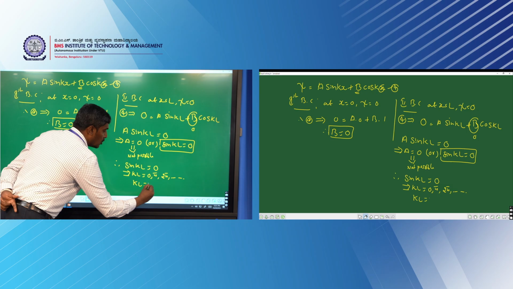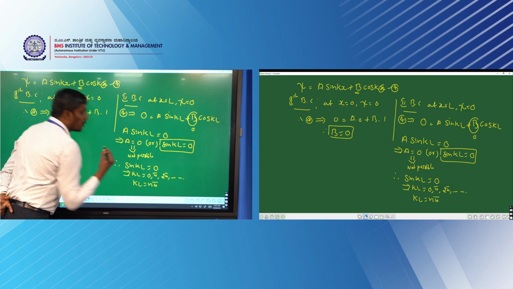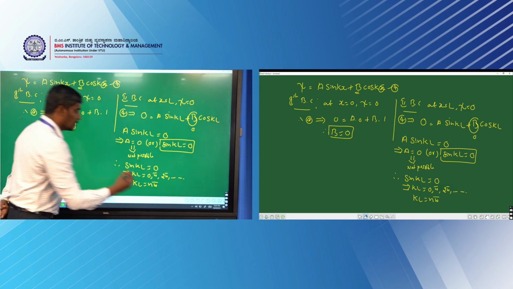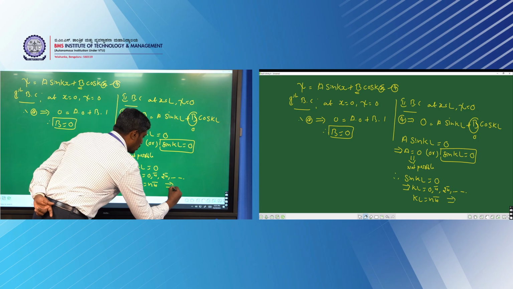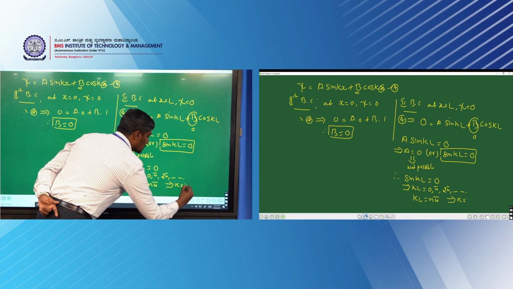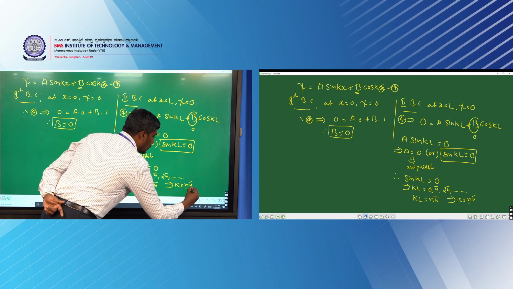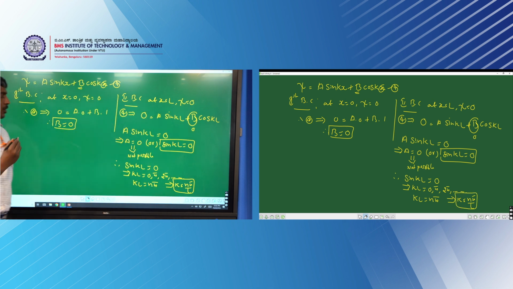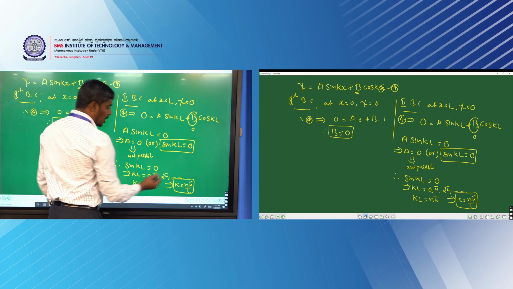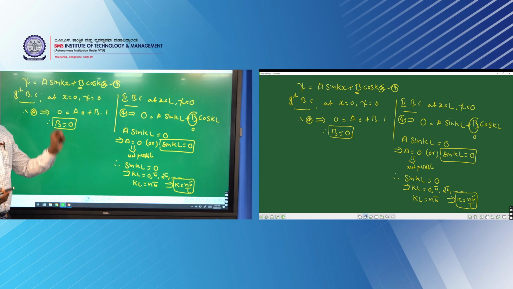KL will be equal to n pi. So what is the value of K? K is n pi by L. So on solving equation 4 by applying boundary conditions, x is equal to 0 and x is equal to L, I could get the value of k as n pi by L.